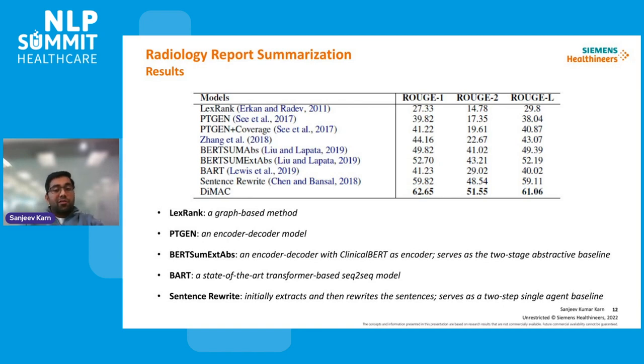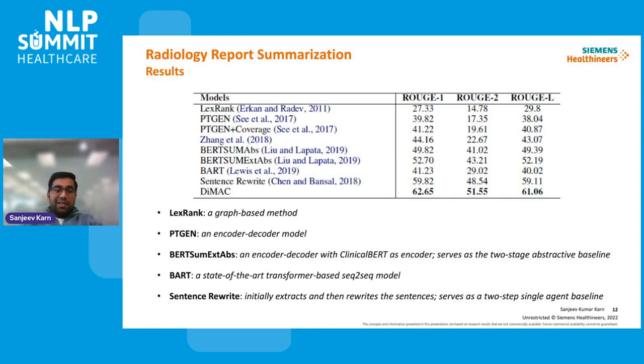BART is another self-supervised pre-trained sequence-to-sequence encoder-decoder model. Here, not only the encoder, like in BertSumAbs and BertSumExtAbs, but also the decoder is pre-trained. This pre-training is done on a general non-medical corpus. Sentence rewrite is a single-agent multi-step baseline for our work.